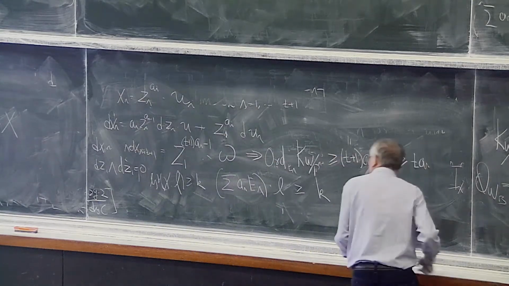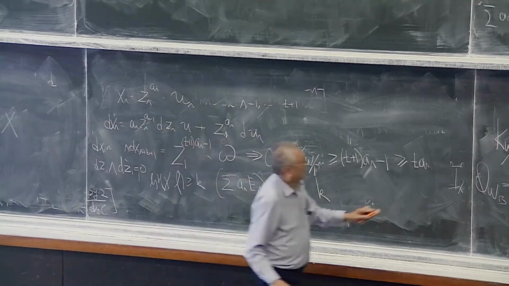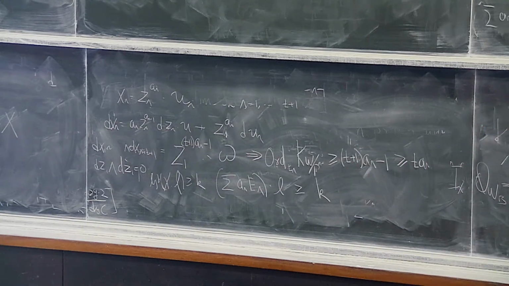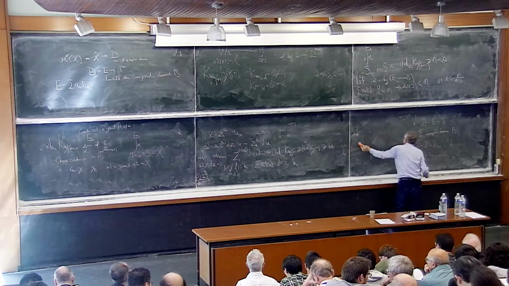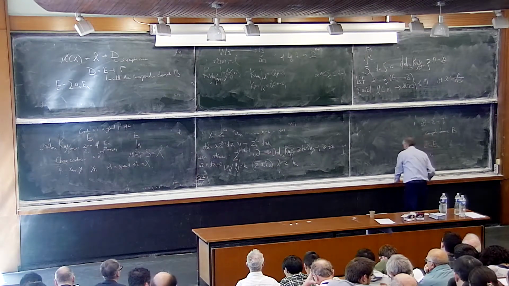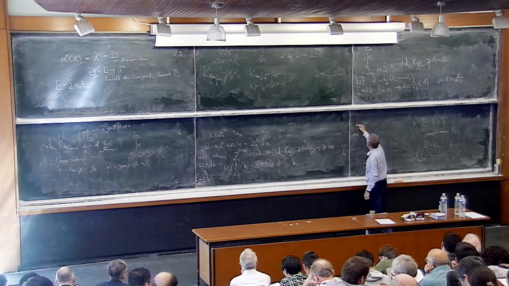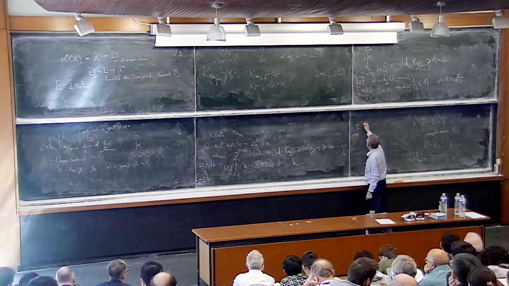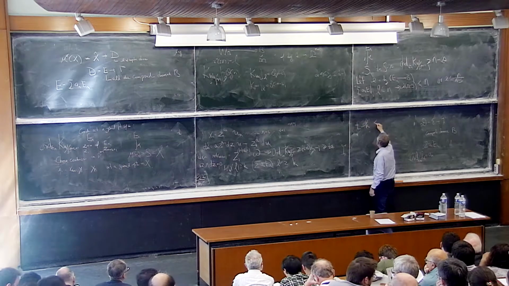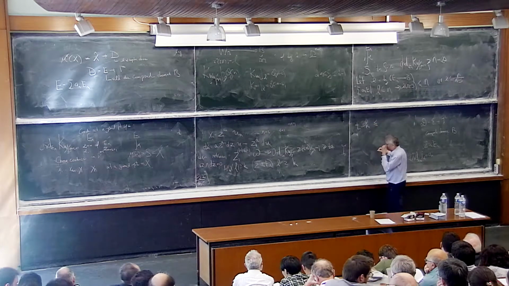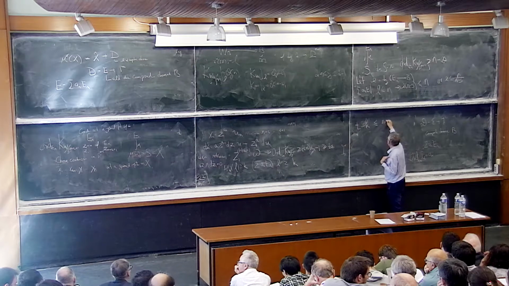So put this together, and we find t times k is less than or equal to n plus t.